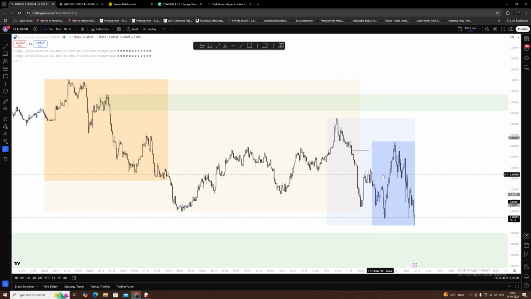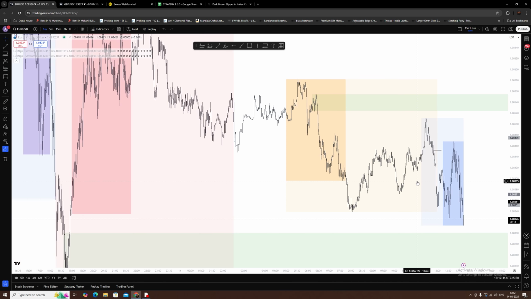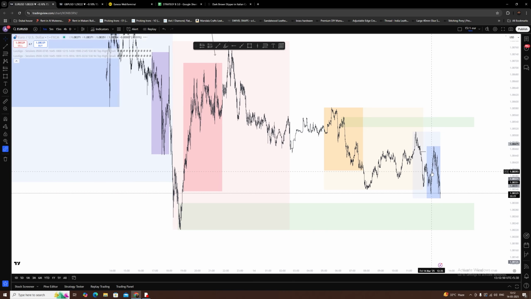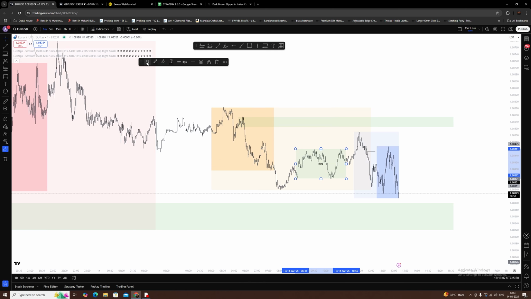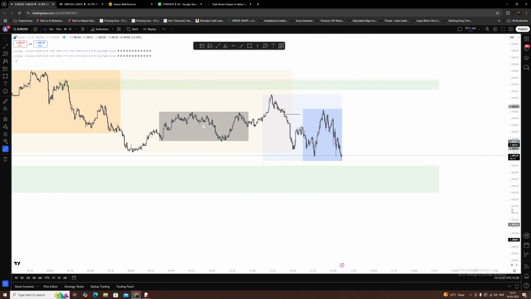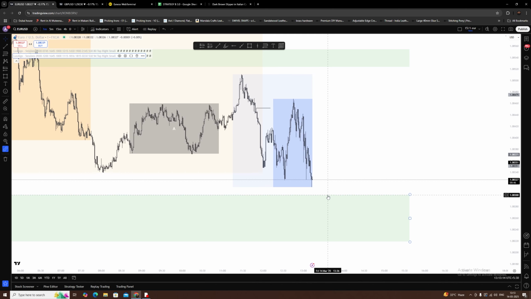In Euro USD, we still don't have a clear setup. If we considered this an accumulation, which I am not as of now, because it doesn't look very convincing to me. But in case I consider this a proper accumulation, we can take a trade from here.